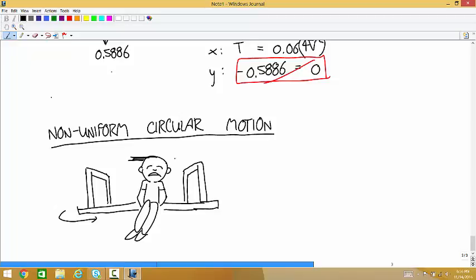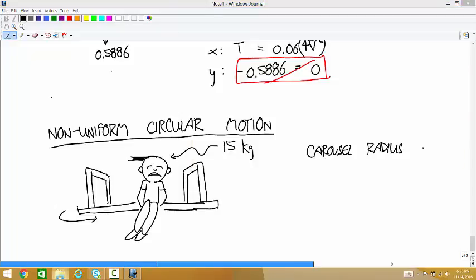So let's say this kid has a mass of 15 kilograms, and the carousel has a radius of 2 meters.